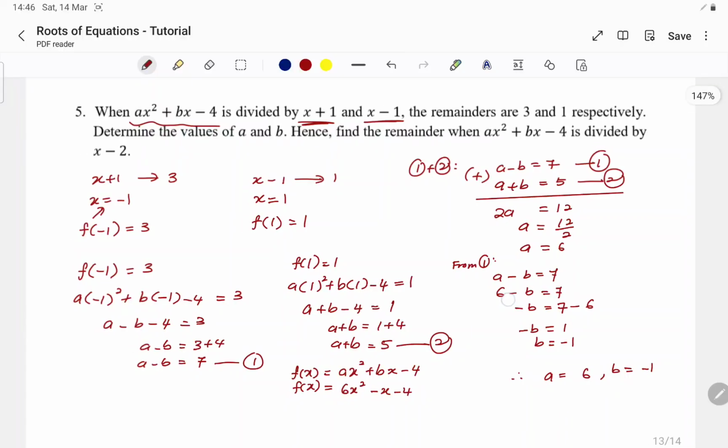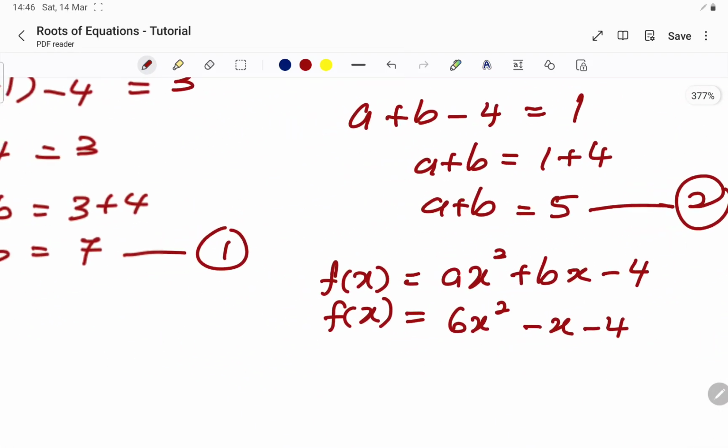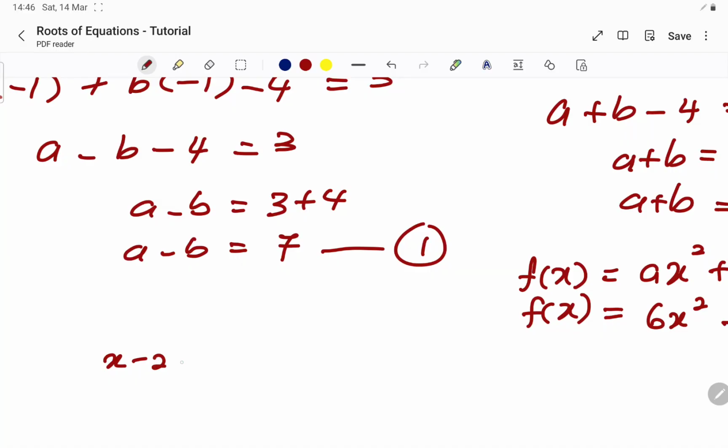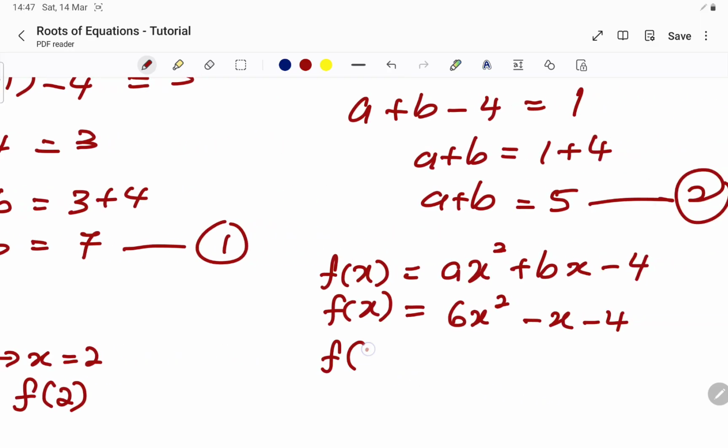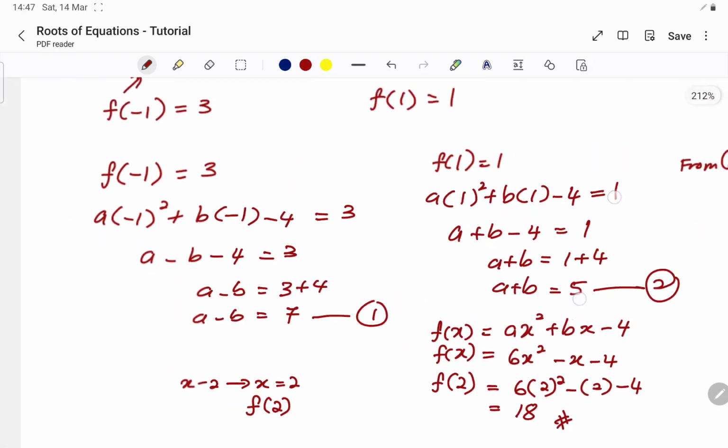Now the other question is to find the remainder when this is divided by x minus 2. The root is x equal to 2, so we have to find f of 2. You substitute, and you will get 6 times 2 squared minus 2 minus 4. The total answer you will get is equal to 18. So this is your final answer.